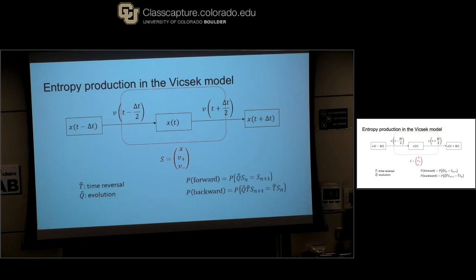Then it's easy to write down a time reversal operator. You can just imagine these velocities switch and get minus signs, and we can incorporate the equation of motion into an evolution operator, and then immediately write down these forward and backward transition probabilities and implement that in our model.